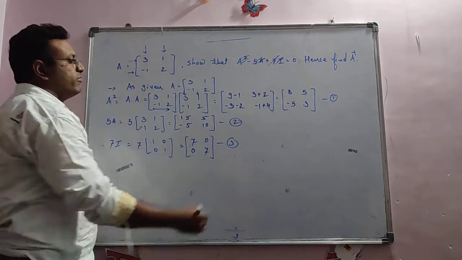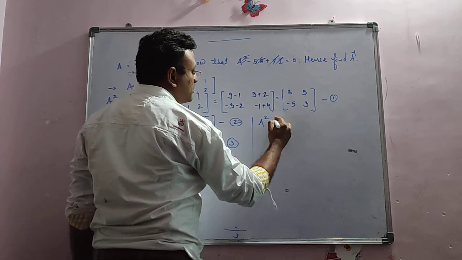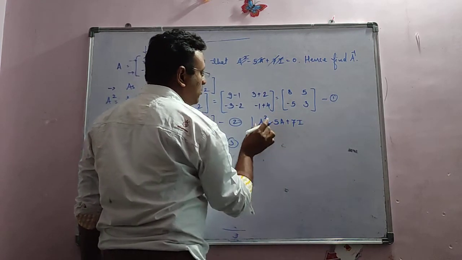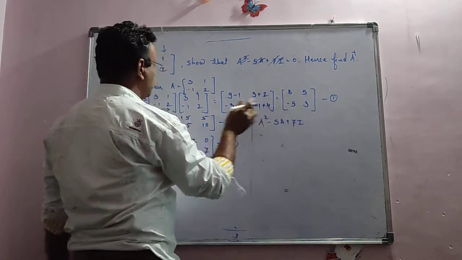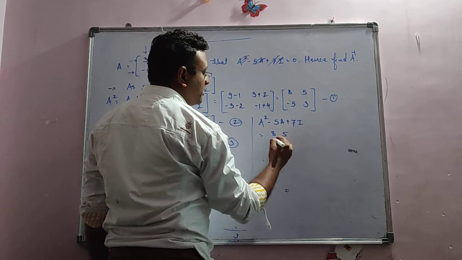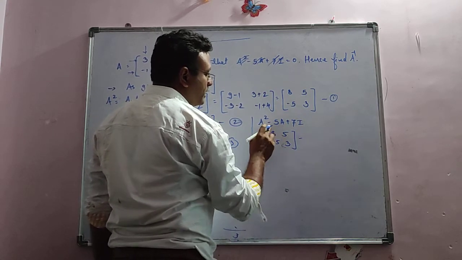Okay, now we will verify this result. A square minus 5A plus 7I is equal to, what is A square? From equation 1 we get 8, 5, minus 5, 3. Now minus 5A.